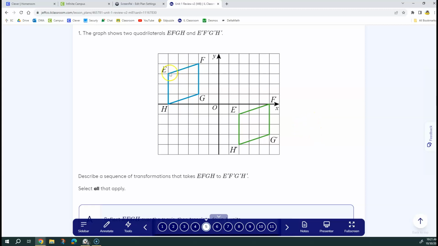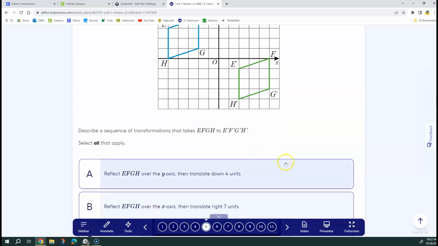One thing I'm noticing is that all of the points are in the same location. Point E is upper left, point E prime is upper left, point F is upper right, point F prime is upper right. G is lower right, G prime is lower right. H is lower left, H prime is lower left also. So what that tells me is that no rotations or reflections occurred because all of the points are still in the same spot, same location on our image.